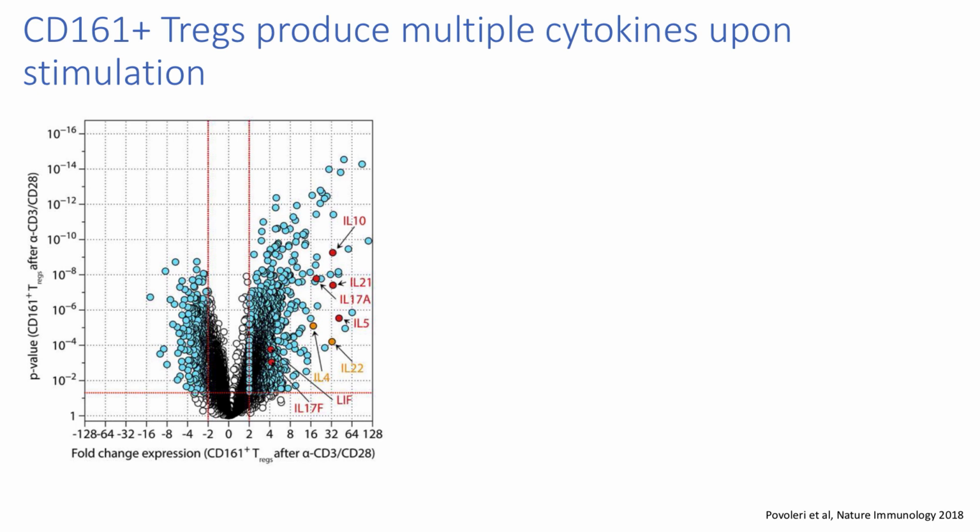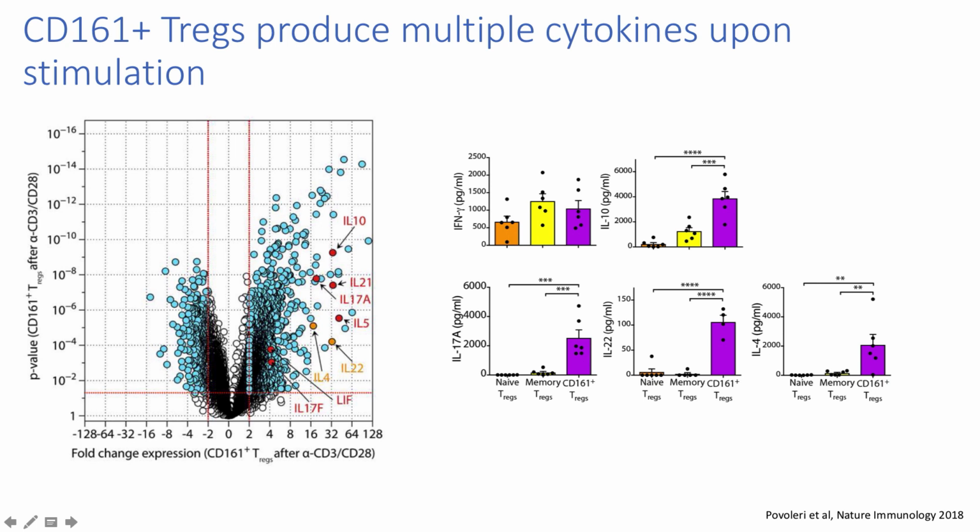However, what we were interested in determining was exactly what makes these cells unique. And one of the main aspects that really captured our interest was the fact that when you stimulate these cells, they are able to produce a wide array of cytokines, not only suppressor molecules like IL-10, but also pro-inflammatory cytokines like IL-17, IL-22.